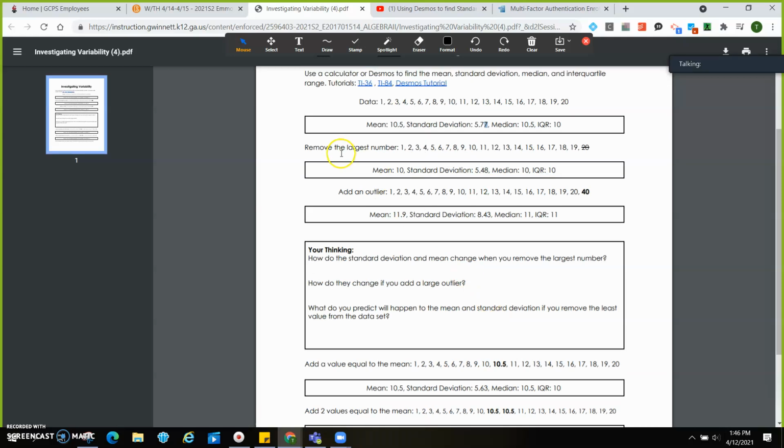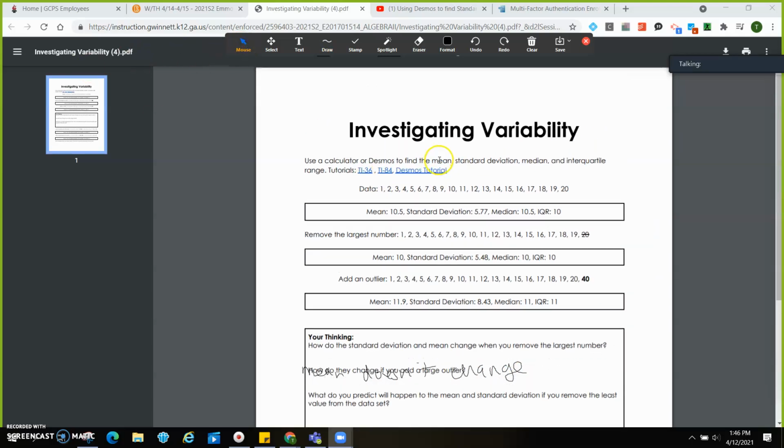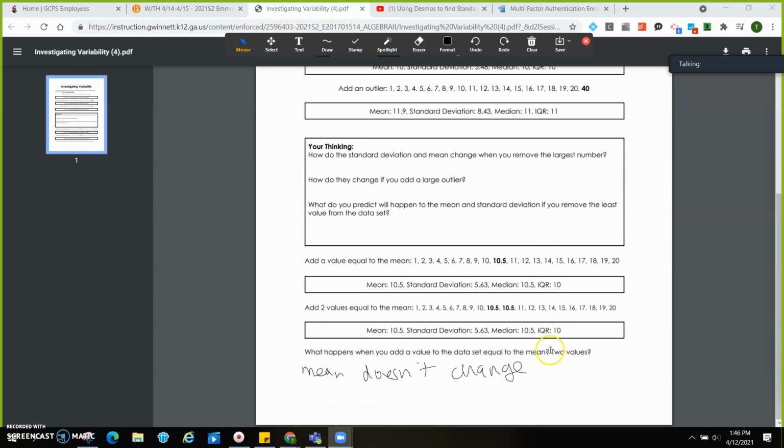Well, we went from a mean of 10.5 to 10.5, so the mean doesn't change. And then the median, actually, it's just going to hold the same because the median was already 10.5. So your median stays the same.